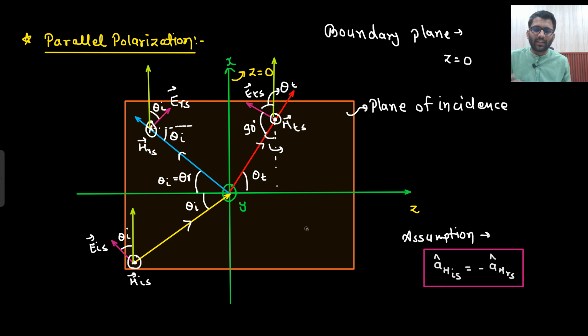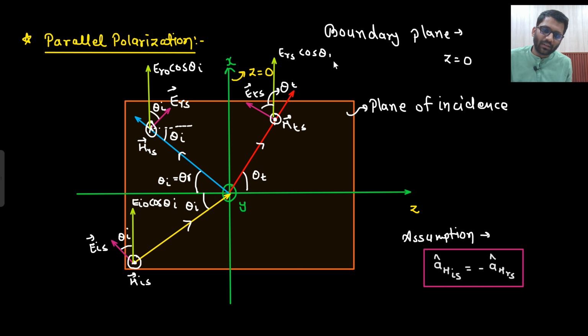So what are the answers I am getting? Let's remove this. You should be in the habit of writing the angles, because that is simple geometry, nothing else. Here you will get EIO cos theta I, here you will get ERO cos theta I, and here you will get ETO cos theta T. Sorry, I should write ETO.